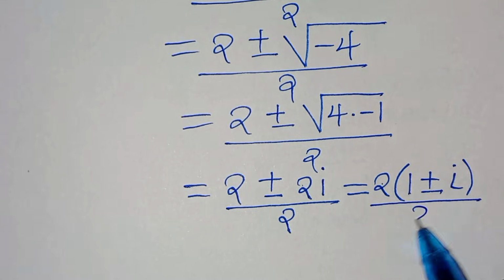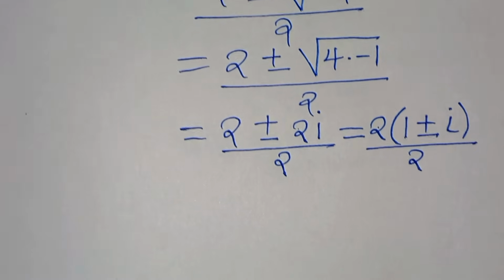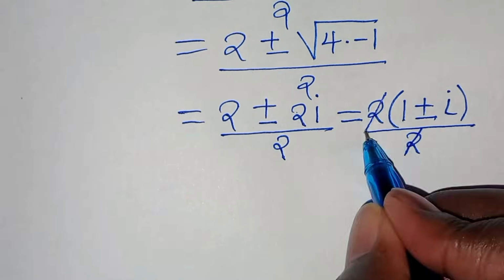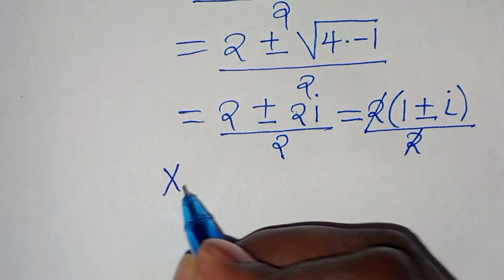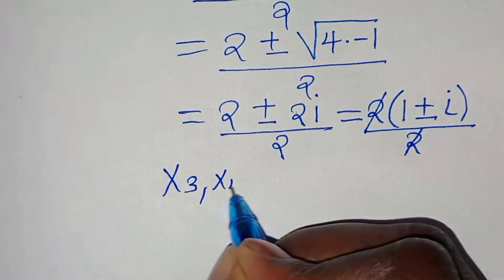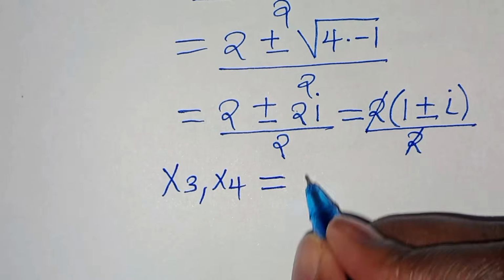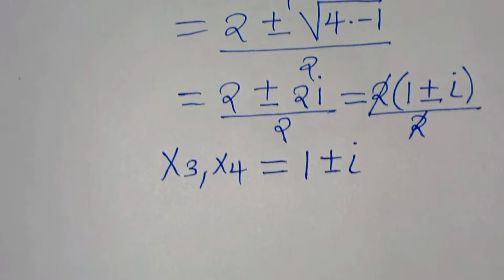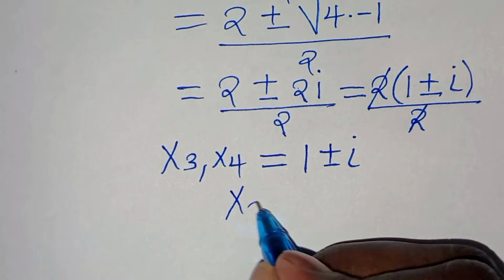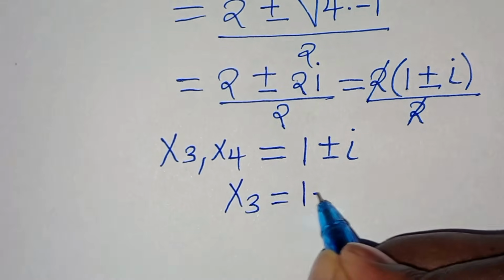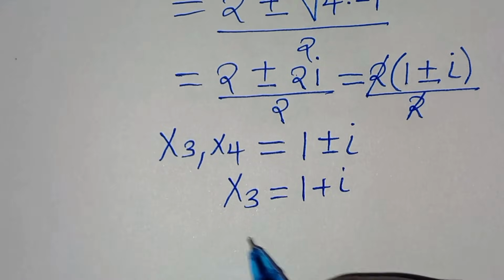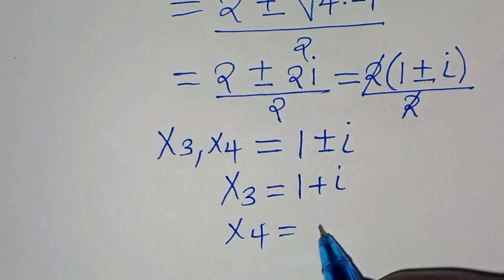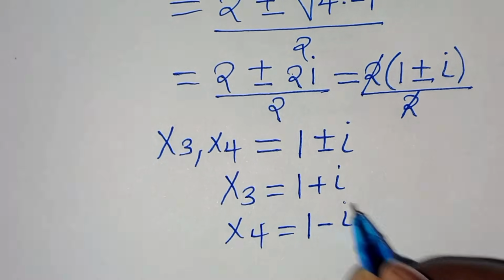Then divided by 2. Now we have that 2 and 2 here simplify, and this means that x3, x4, this is equal to 1 plus or minus i. And this implies that x3 is equal to 1 plus i, and x4 is equal to 1 subtract i.